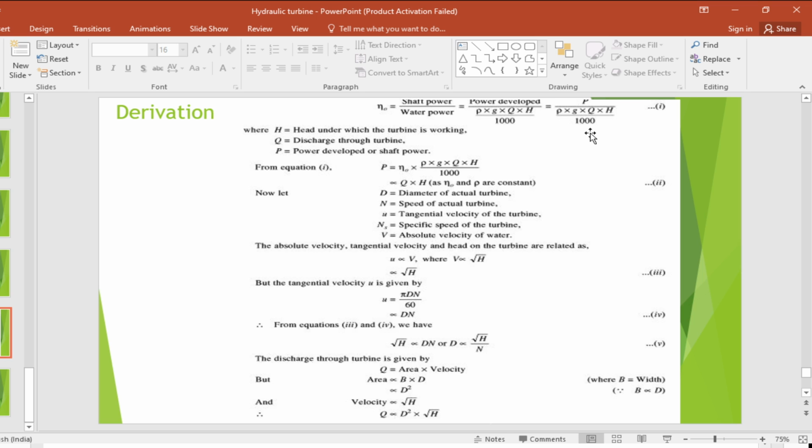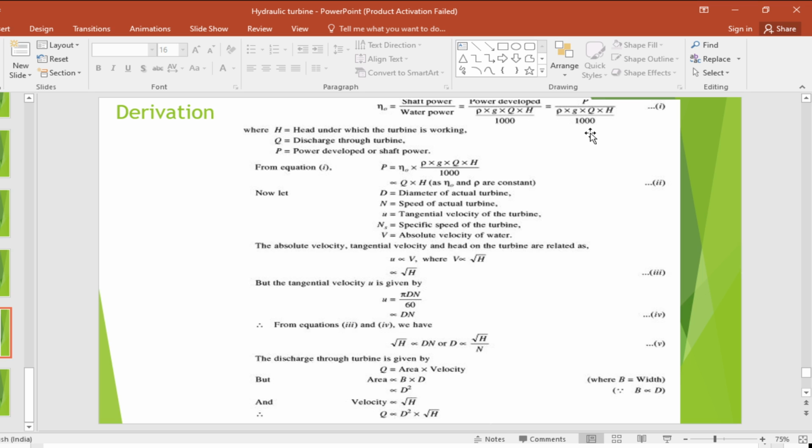Here H is nothing but the head under which the turbine is working. Q is the discharge through the turbine, and P is the power developed or the shaft power.